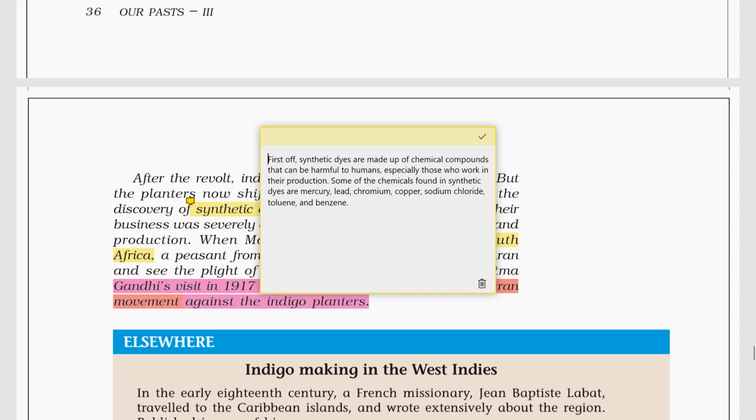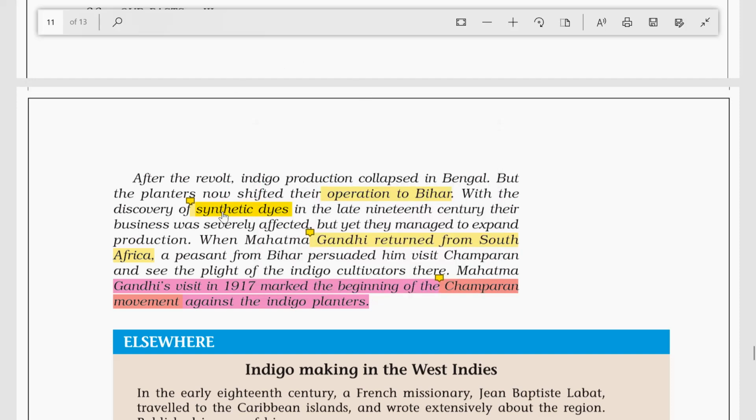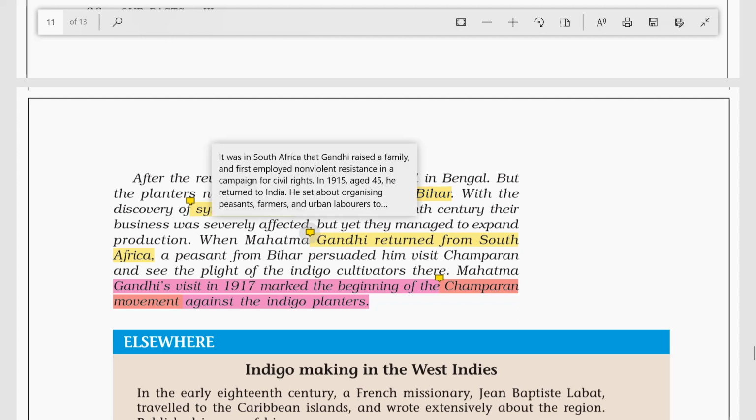Some of the chemicals found in synthetic dyes are mercury, lead, chromium, copper, sodium chloride, toluenes, and benzene. So the introduction of synthetic dye was not good news for the indigo cultivators. Now they were unable to get proper money for indigo, and the Indian indigo cultivation industry collapsed.